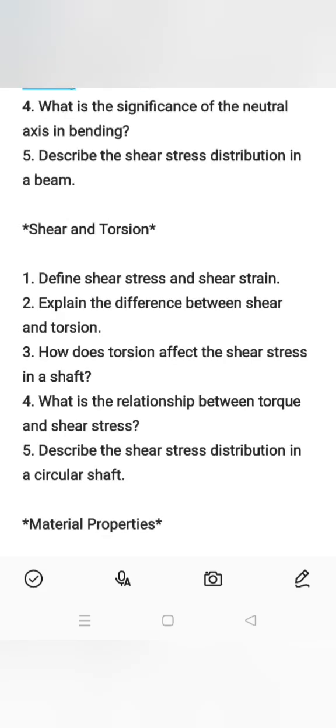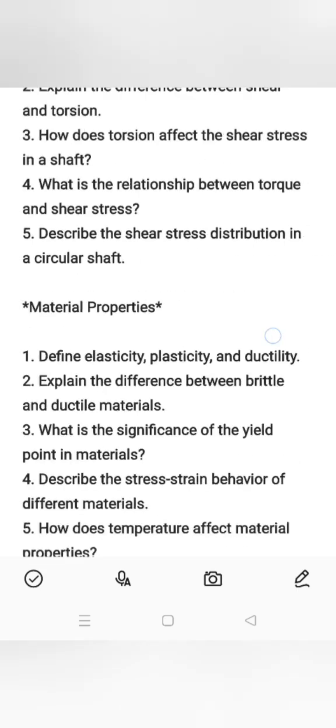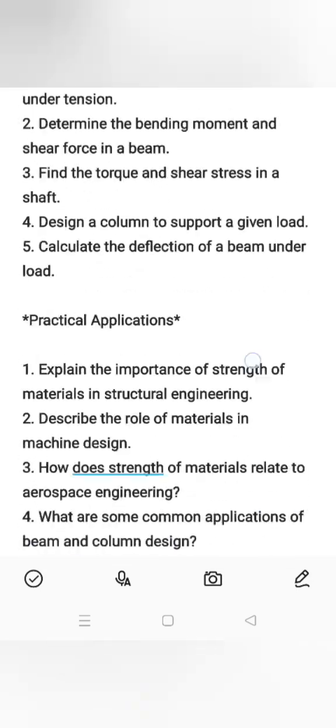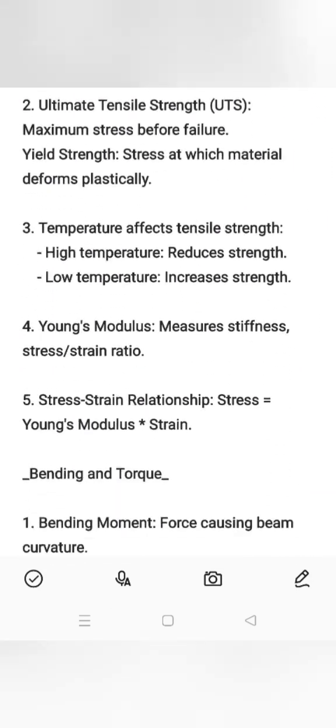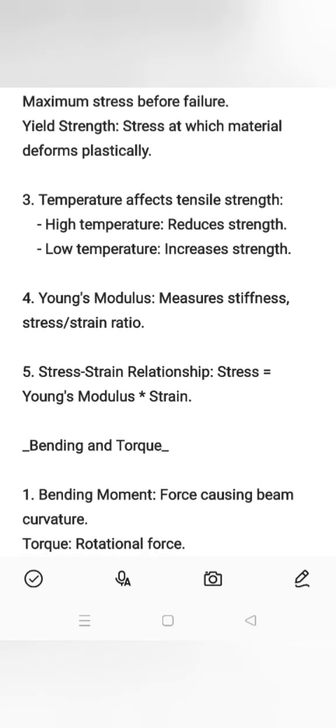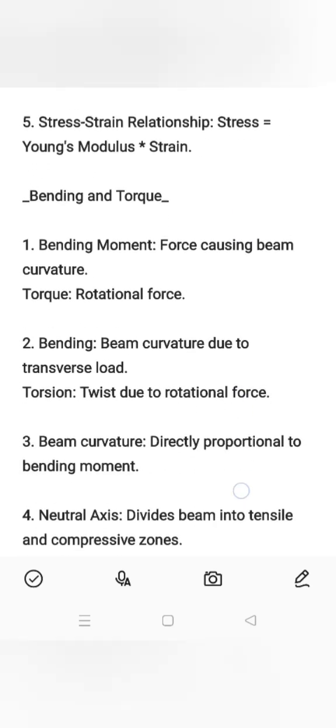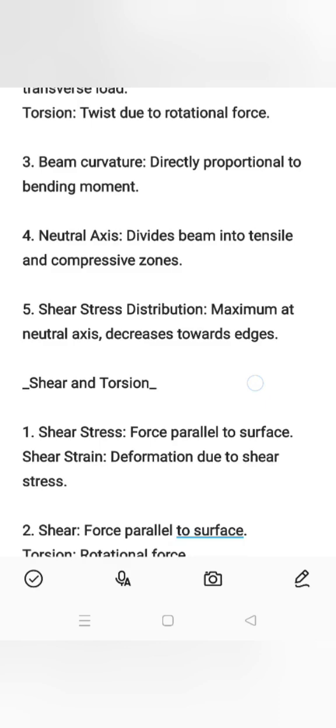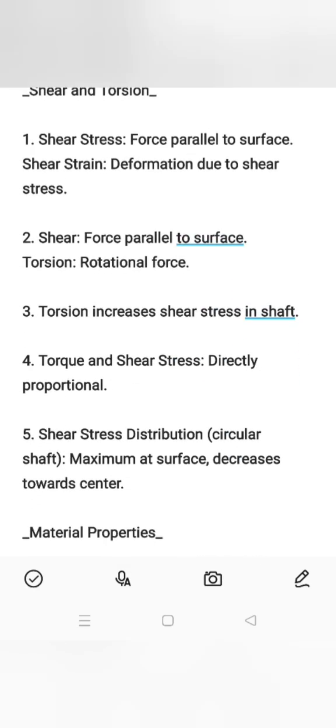Define shear stress and shear strain. Shear stress is force parallel to the surface. Shear strain is deformation due to shear stress.